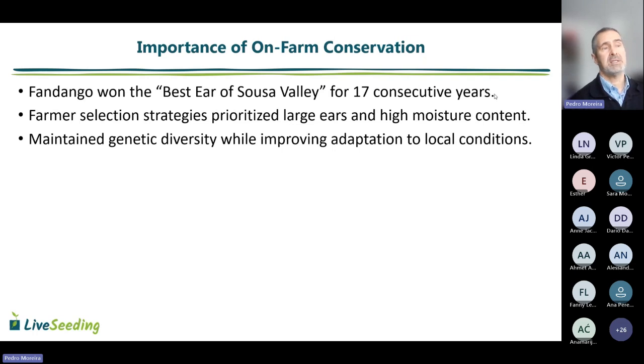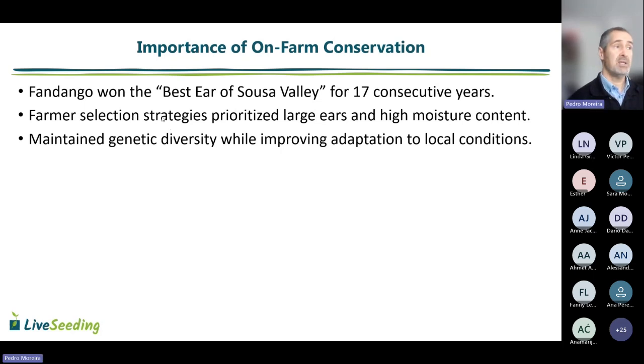It means that all the ears that were yellow won against all the existing hybrids. It doesn't mean that it is more productive than hybrids, because of the homogeneity that hybrids have. But in terms of individual ears, some of them are much bigger than the hybrids.